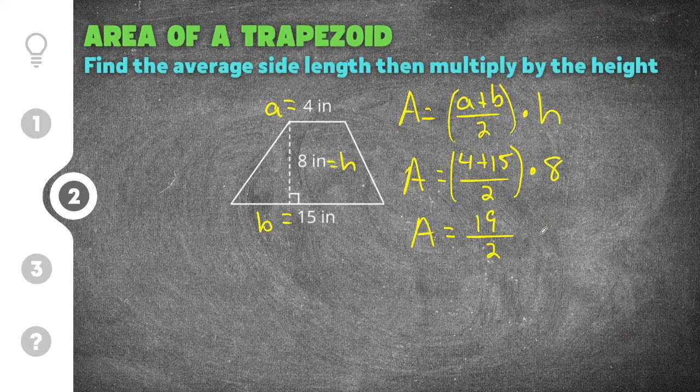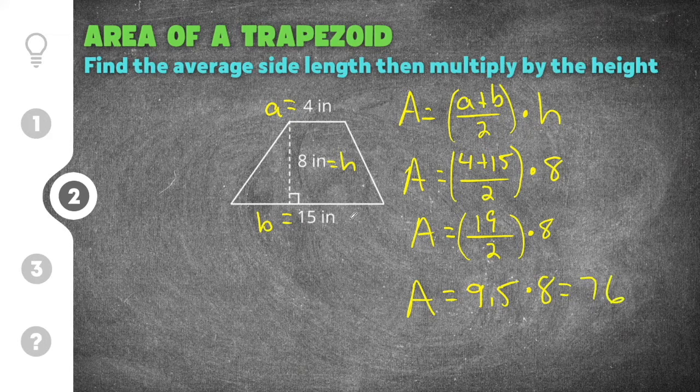So 19 divided by 2 times the height, which is 8. Now 19 divided by 2 is 9.5, times 8, which is the height. And 9.5 times 8 is going to give us 76. And again, our units are inches, so we're going to say 76 inches squared because it's area. And that's the area of this trapezoid.